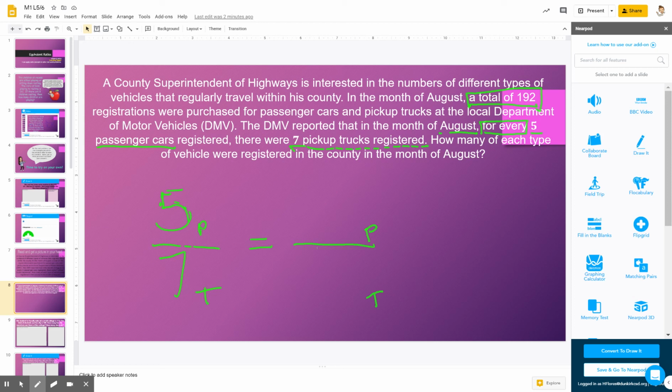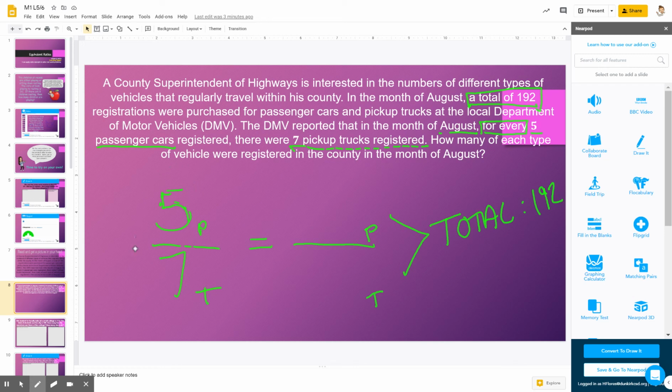It's neither. This says total. Total means everything together. So we know that whatever the passenger cars and whatever the trucks end up being, the total has to be 192.